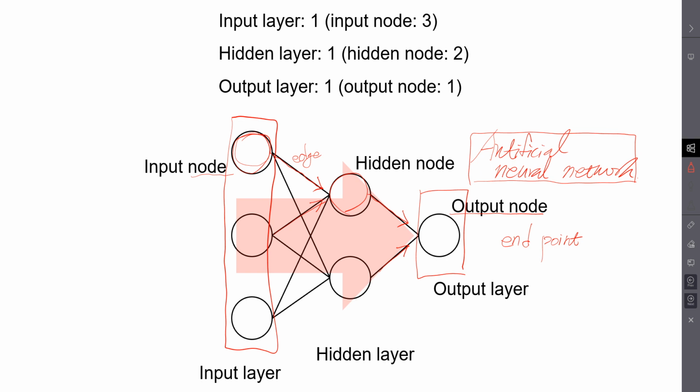So in this figure, the neural network has one input layer, one hidden layer, and one output layer. And in each layer, there's a node, and we call the nodes in the input layer input node, and nodes in the hidden layer hidden nodes, and node in the output layer is output node.